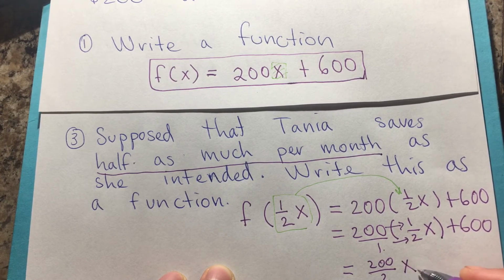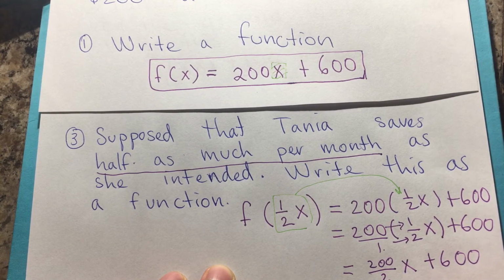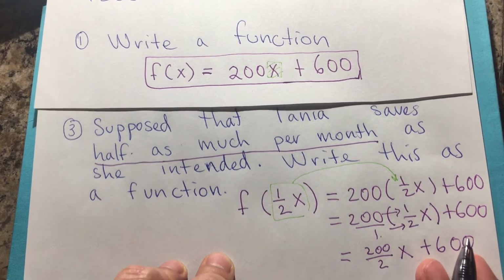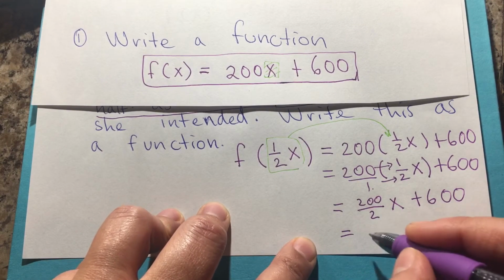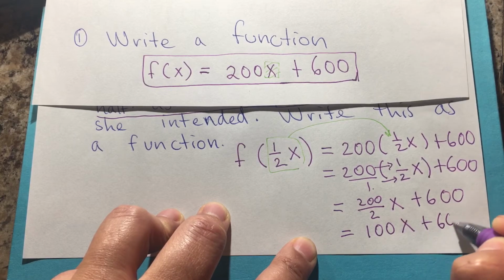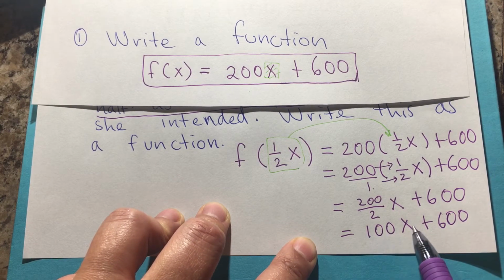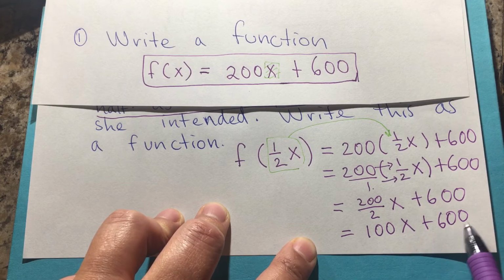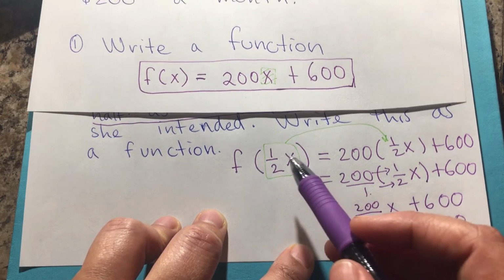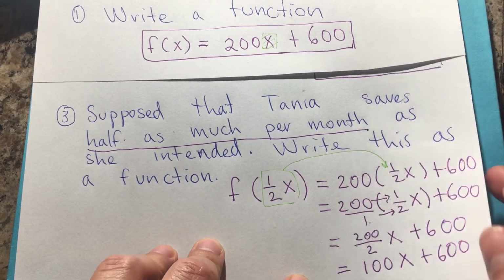Bring down the x and bring down the 600. After that, we divide. 200 divided by 2 is 100, x plus 600. So if you notice, she's now going to be saving $100 per month plus the 600 that she started with. And that's what this is saying. Tanya saves half as much per month, right?